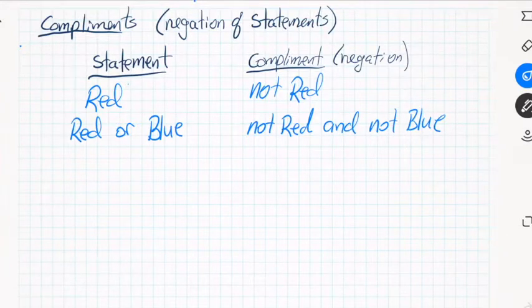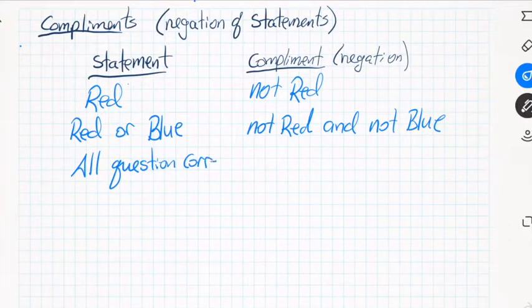So that's one important feature. Another important feature is if you have something like all questions correct. What's the probability of getting every question on a test correct? And we're looking for all of them correct. So the complement of all is not none. You can't go from a test that has all correct answers to a test that has all incorrect answers.